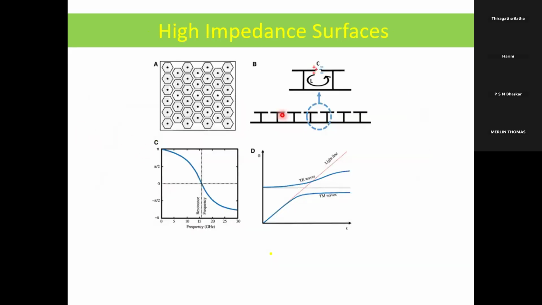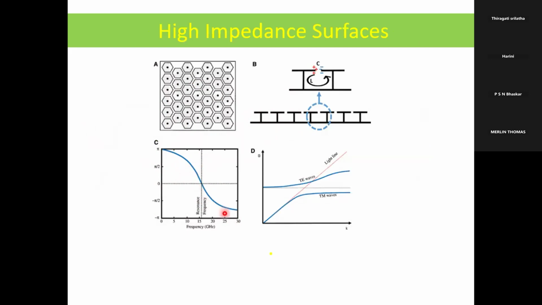These high impedance surfaces are usually realized using these types of conductors, and there is a contact here. These are called mushroom-like structures. You have to observe the resonant frequency and the angle of reflection. If the angle of reflection is 0, it's a PMC. If it is 180, it is a PEC.